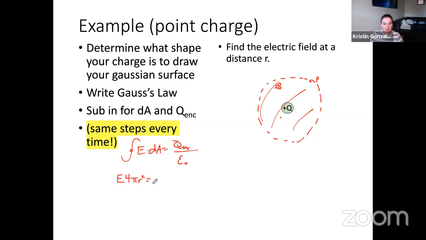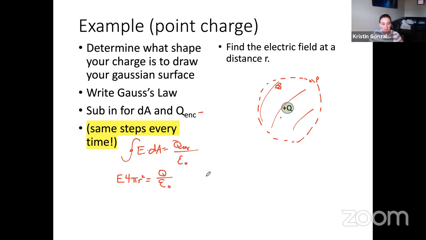Our next step is to address what part is the Q enclosed. Here it's easy. What amount of charge is actually inside the Gaussian surface that you draw? Here, it's Q over my epsilon naught.